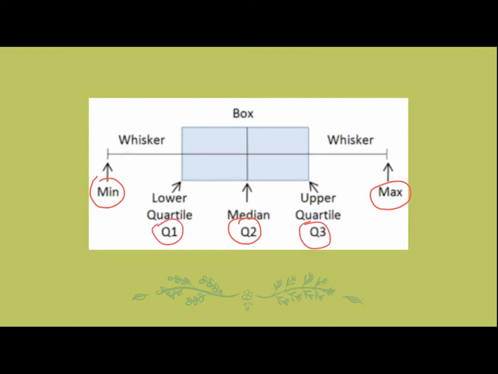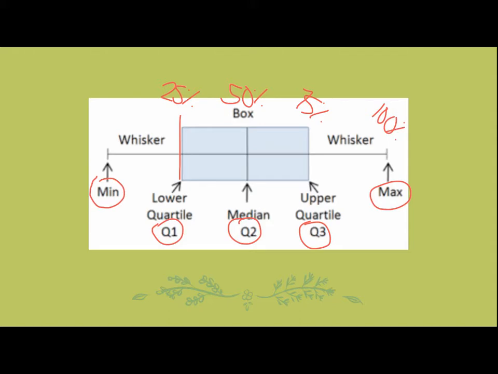One thing I like to think about with these is that the median is your 50%. That's halfway between your data. So if that's 50%, the lower quartile is going to be 25%, the upper quartile would be 75%, and your maximum would be 100%.